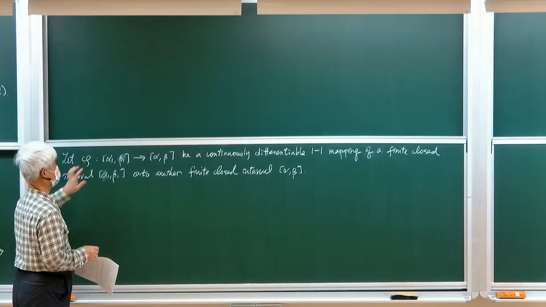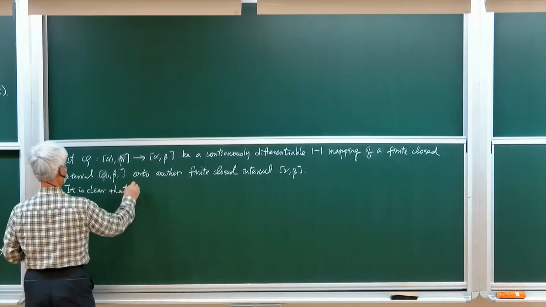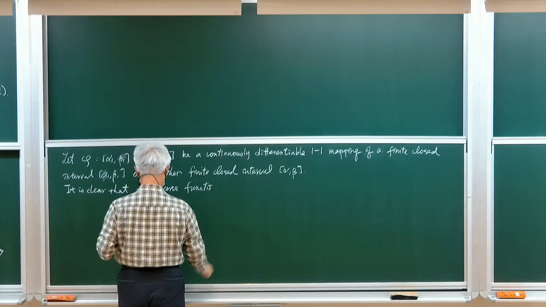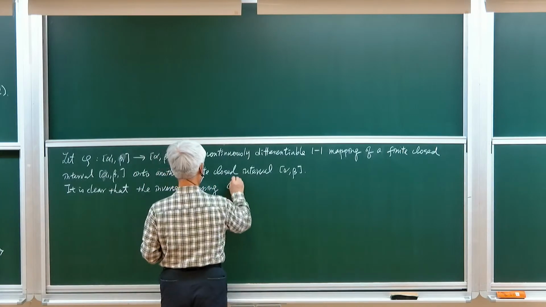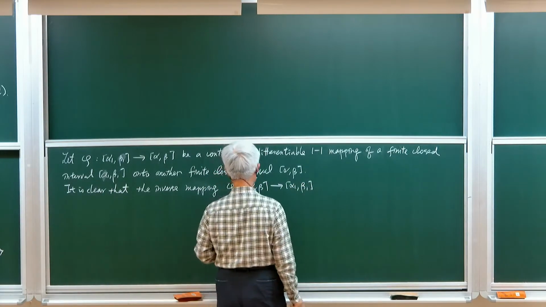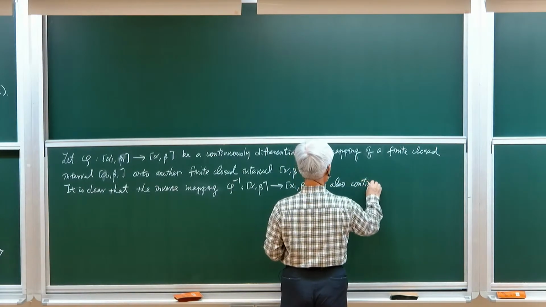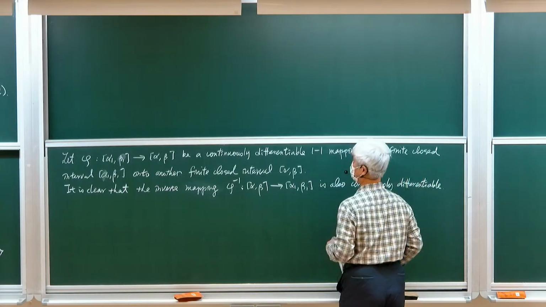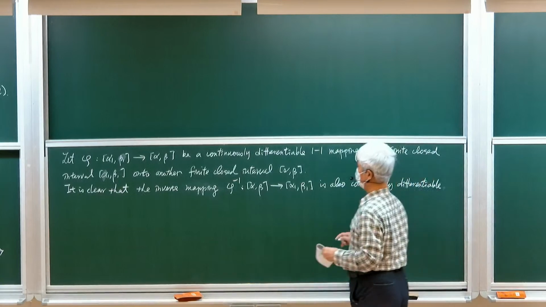And it's clear that the inverse mapping from alpha, beta onto alpha 1, beta 1 is also continuously differentiable.